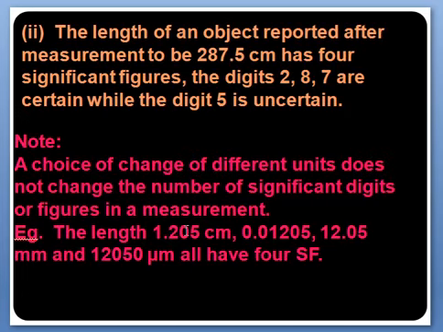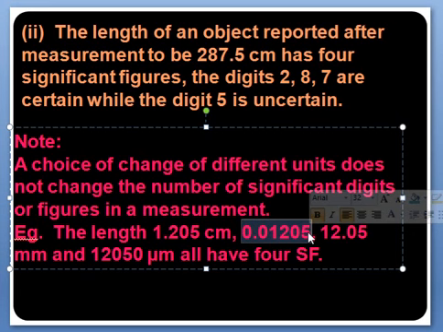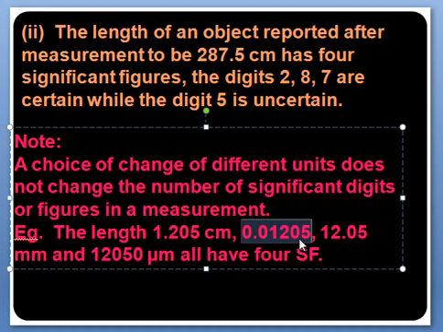and in this case also, see 0.01205. This 0 we can't include in significant figures. In this decimal number which is less than 1, this 0 cannot be counted as a significant figure.